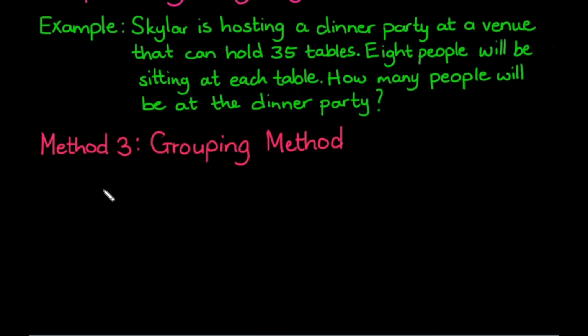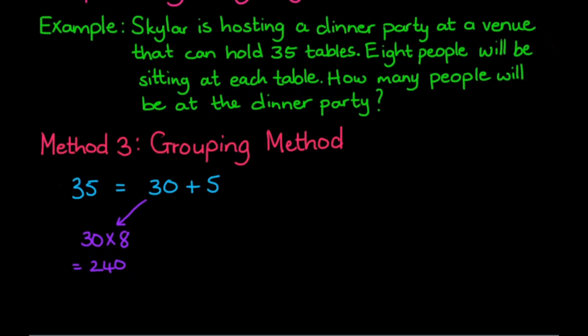The third method that we'll be using is known as the grouping method. So I will take the number 35 and I'll break it up into its place value. So 30 plus 5. So I've used expanded notation to expand the numbers. The next part that I'll be doing is I'm going to multiply 30 by 8. 30 multiplied by 8 gives me an answer of 240.